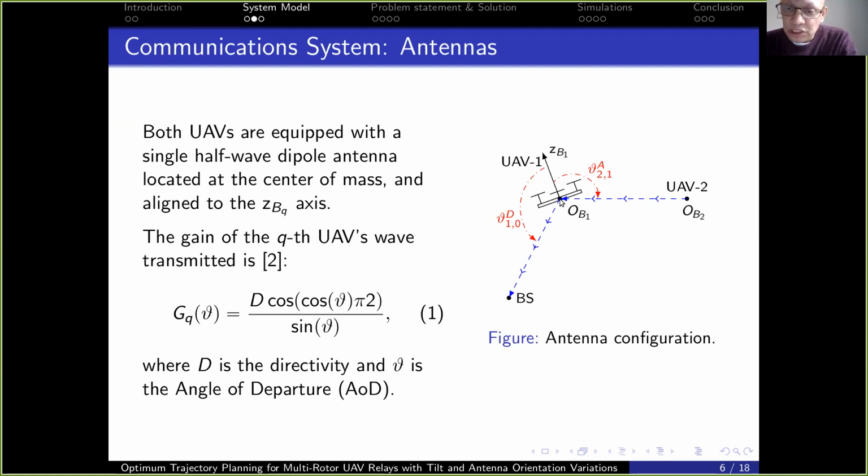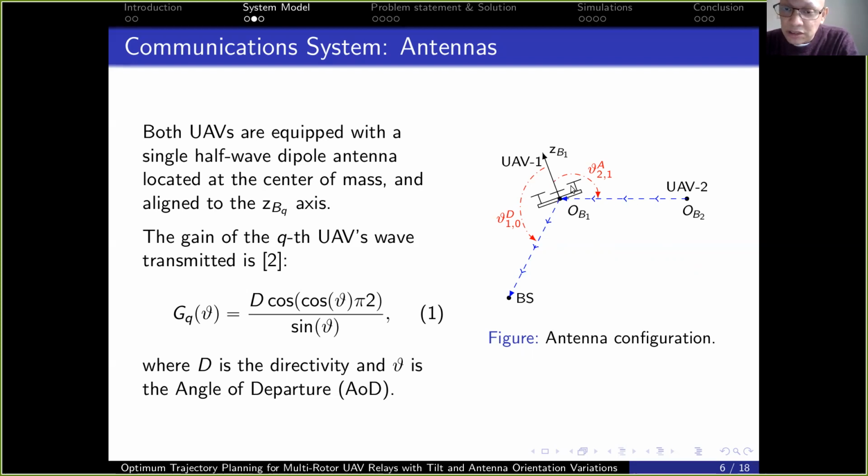We are also considering that each UAV is equipped with a half-wave dipole antenna, and then it is located, for example, for the UAV1, in the center of mass and aligned according to this vector. The same happens for the UAV2.